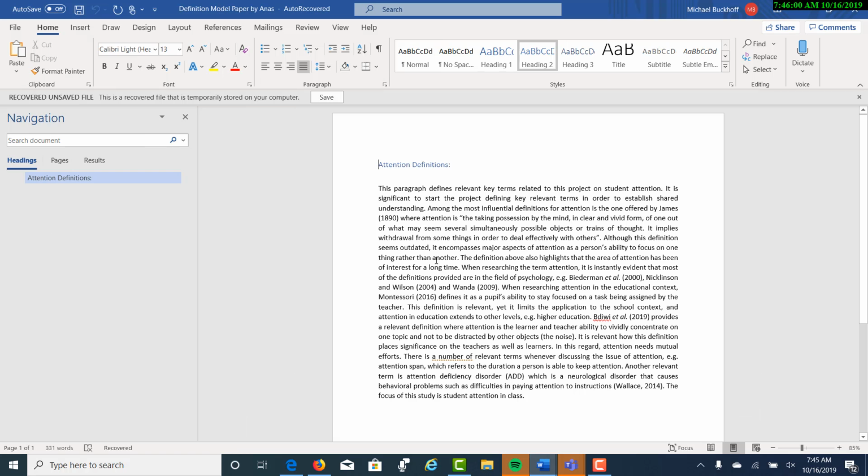One thing to think about, if you look at the model, this paper is very specific in terms of defining and what's being defined. In yours, it says this paragraph defines relevant key terms related to this project on student attention. It is significant to start the project defining key relevant terms in order to establish shared understanding.